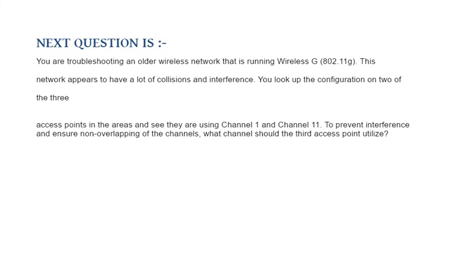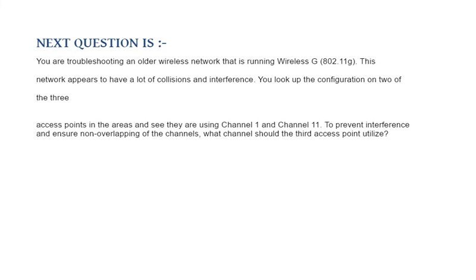Next question is, you are troubleshooting an older wireless network that is running wireless G, 802.11G. This network appears to have a lot of collisions and interference. You look up the configuration on two of the three access points in the areas and see they are using channel 1 and channel 11.